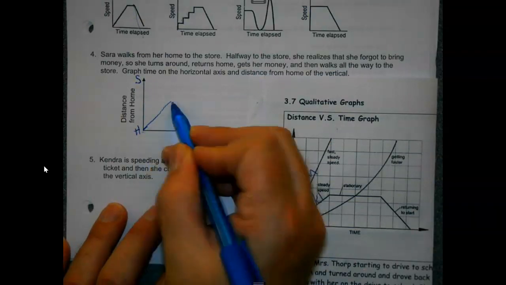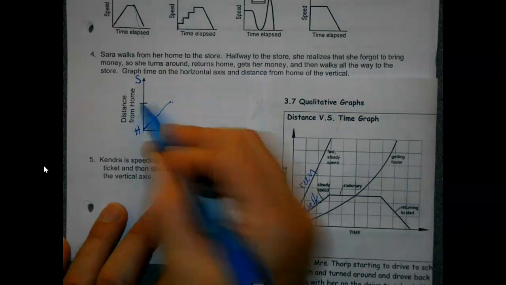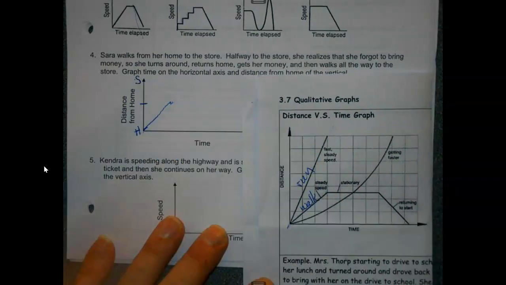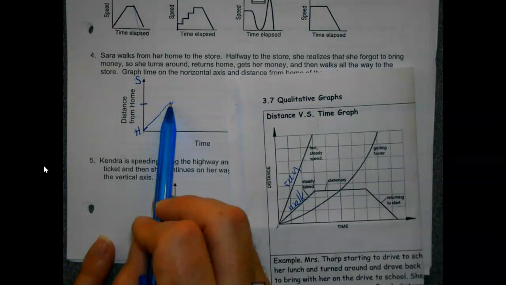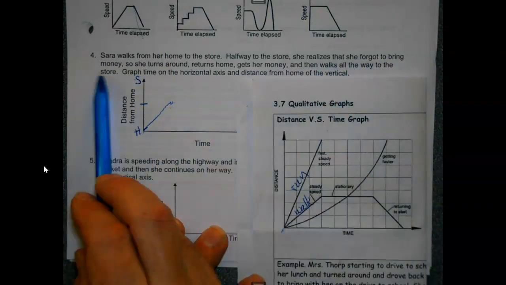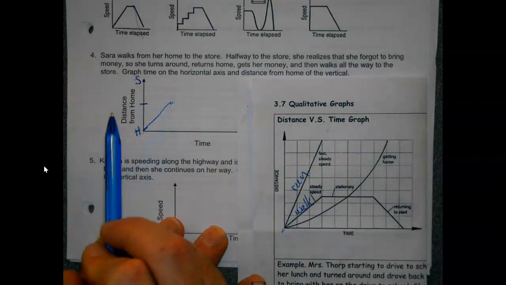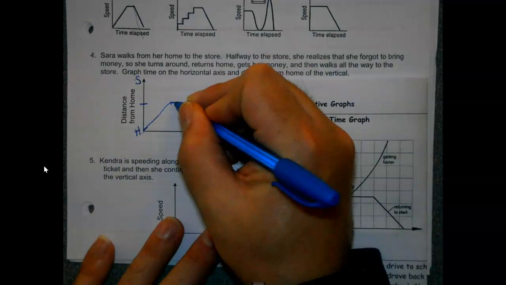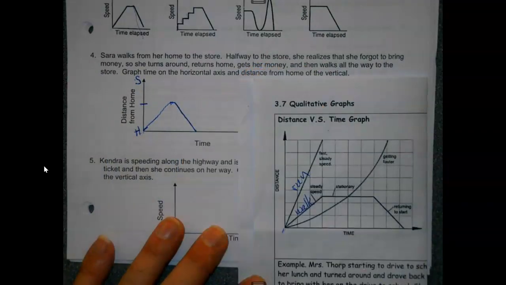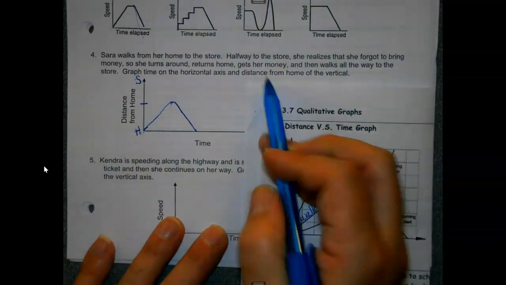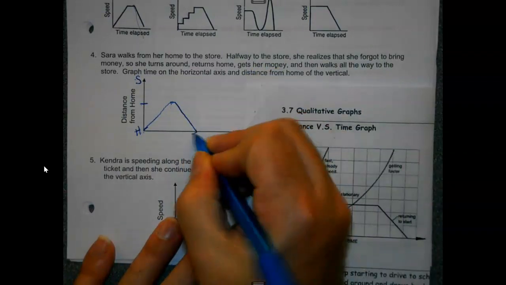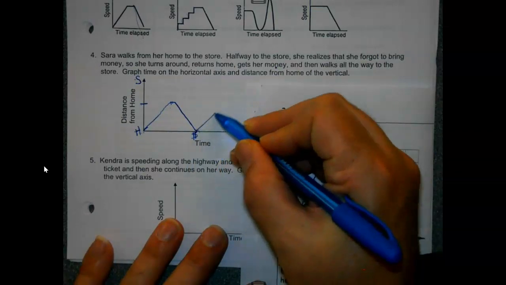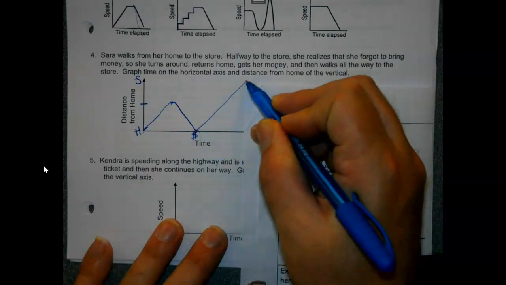Halfway to the store. So I'm halfway up here. Home and store. Halfway to the store, she realizes she forgot to bring money, so she turns around, returns home. It didn't say she ran, so I'm like, okay, so it's about the same pace. She's back home, gets her money, then walks all the way back to the store.